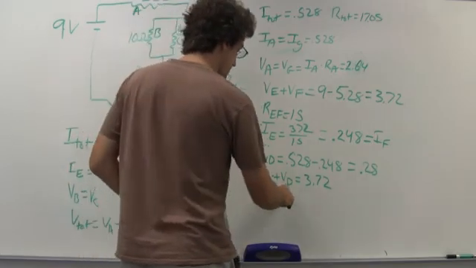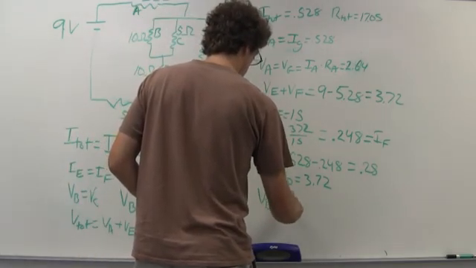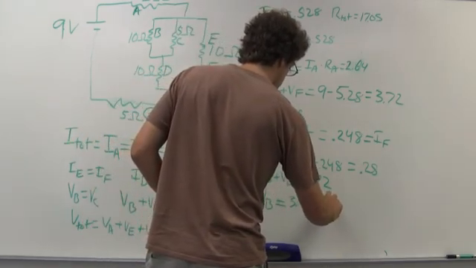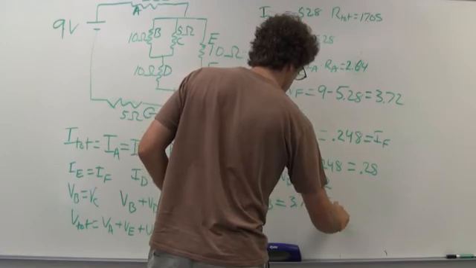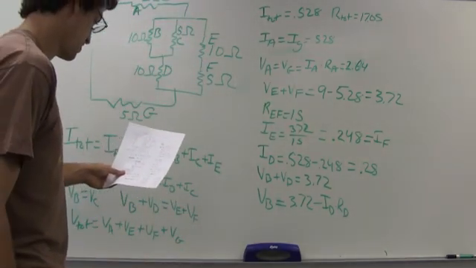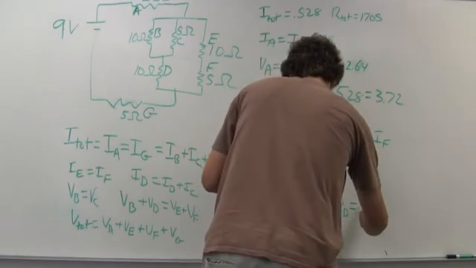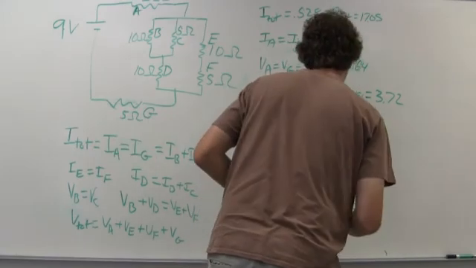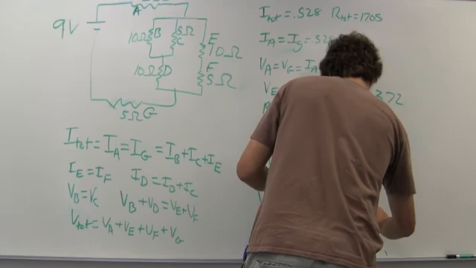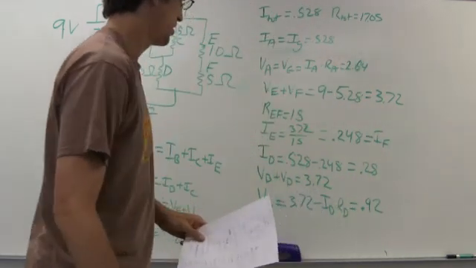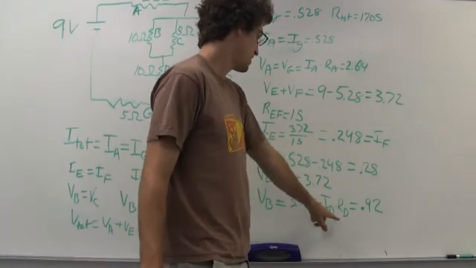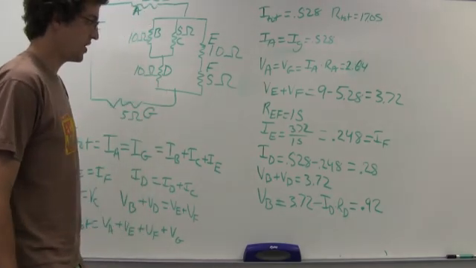We also now know we can find VD, ID times RD, because ID is 0.28, RD is 10, so 2.8 right there.